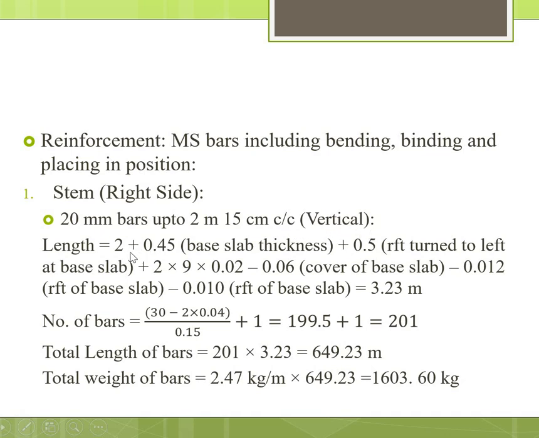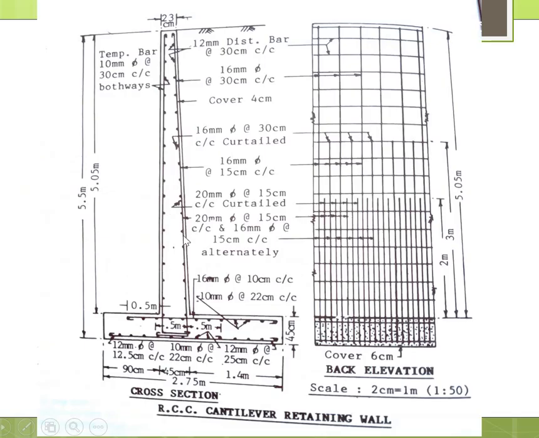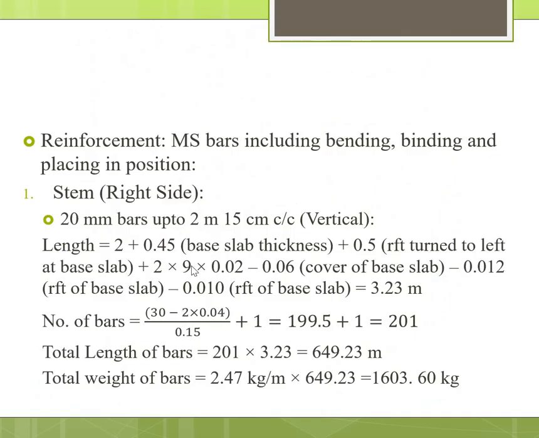So how will you find the length of that bar? We know that length is 2 meter, plus you can see the elevation is extending up to this lower portion, so that is 0.45 meter. In addition to that you have to add the hook length, that is 2 into 9 into 0.02, that is your hook thickness, that is your diameter of the bar, plus 0.5.